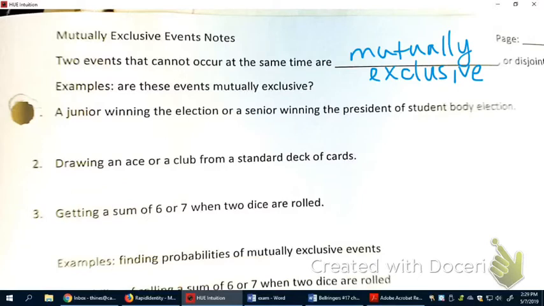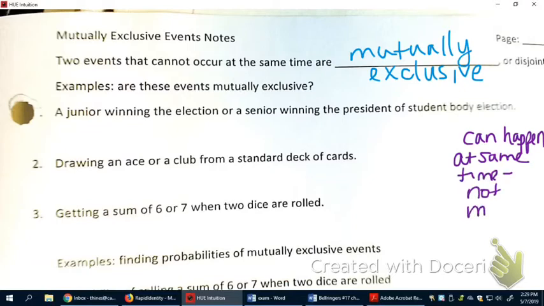And out to the side, I'm just going to write can happen at the same time. Is not mutually exclusive.